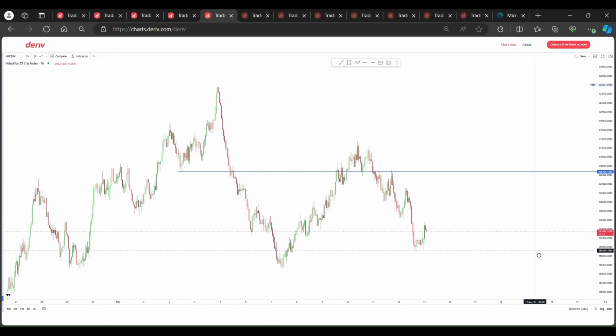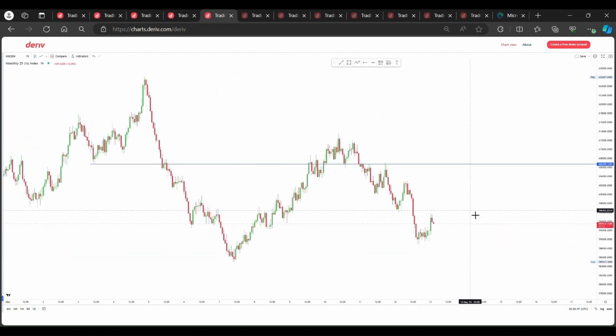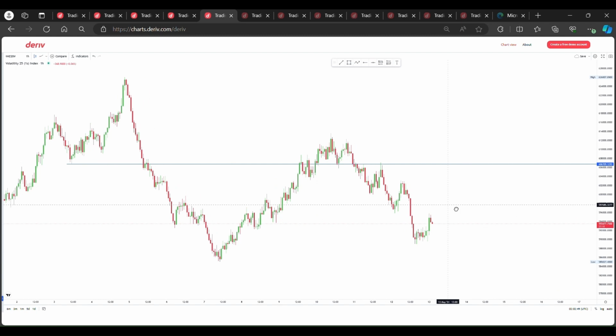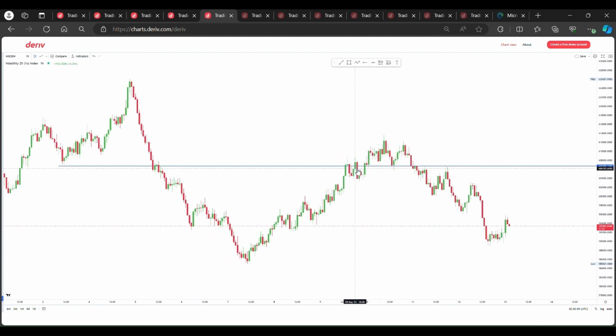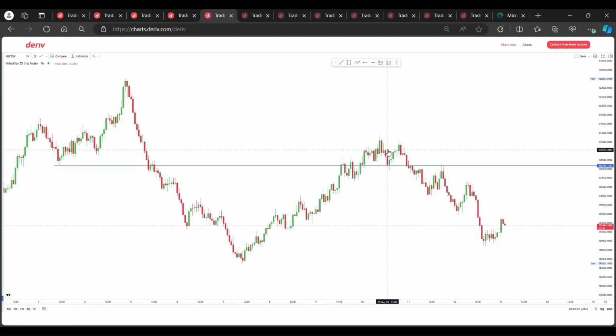I think this is better. Yes, we have this weak rejection from this point. Let's assume that we sold, we would have been taken out, which is fine. Also, you can see that as price pushed up, price gave us this double top right here.